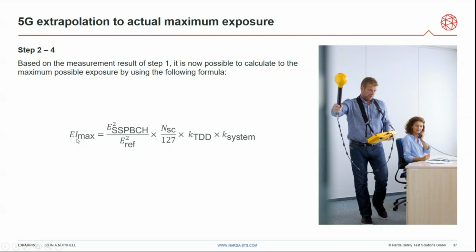Then you get that test result, and now you need to put this into the following formula. The maximum exposure index, IE max, is the square root of the power you get from the level of this secondary synchronization signal, divided by the square root of the reference power which is allowed, for example the ICNIRP value at that frequency range.